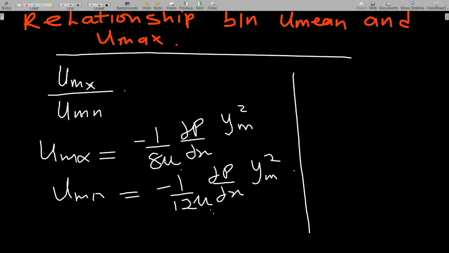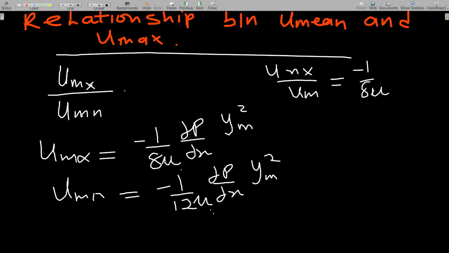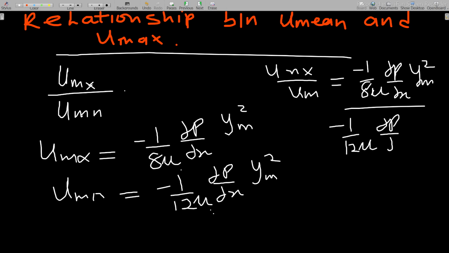So I have this u max over u mean, and this is equal to negative 1 over 8 mu del p del x ym squared over negative 1 over 12 mu del p del x ym squared.